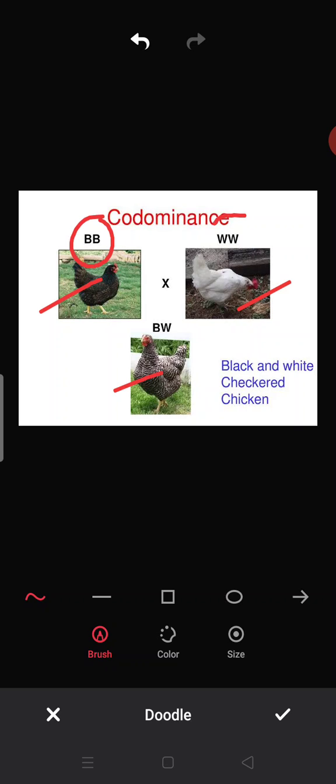Now for the white chicken, we have both capital W. For the offspring, which is the checkered chicken, the allele would be BW. So it's a combination of the parents' genes, and both of these genes are fully expressed in the offspring. So they are what we call codominant.